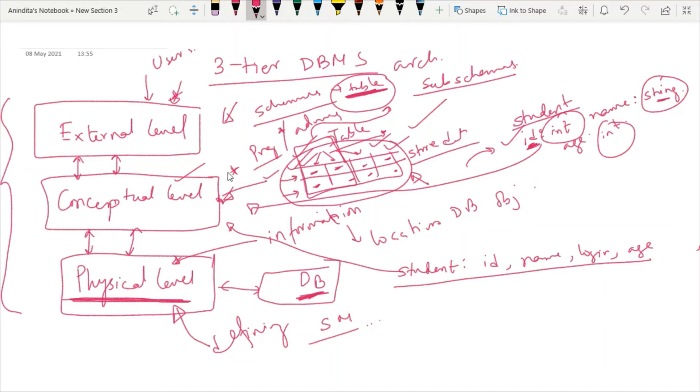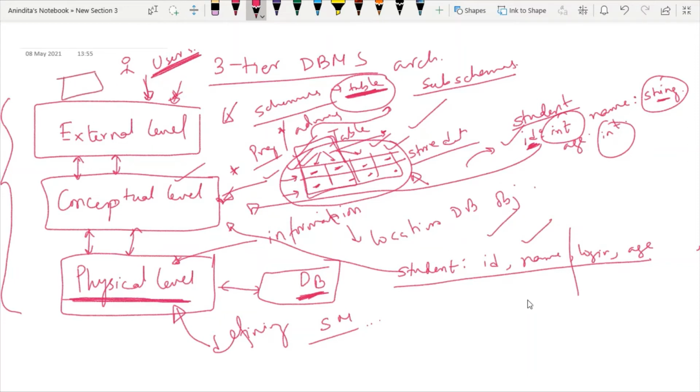However, what does the external level do? It will show the part of the table in which the user is interested. Say one user wants to see only the name of the student and the ID of the student. So what does the external level do?